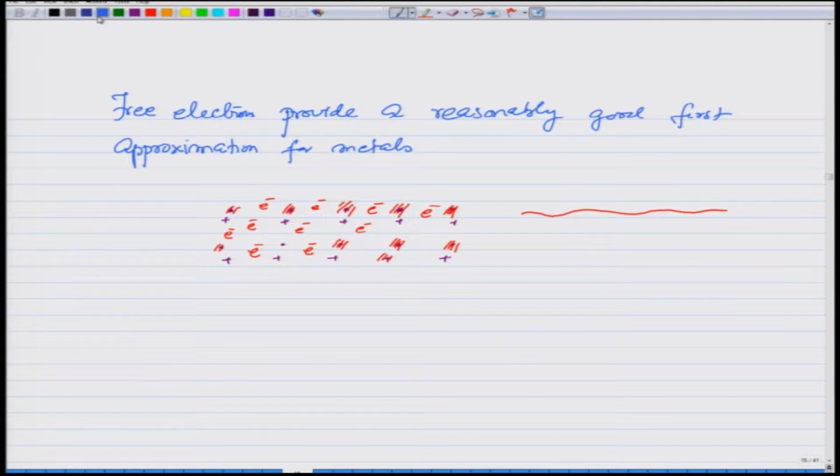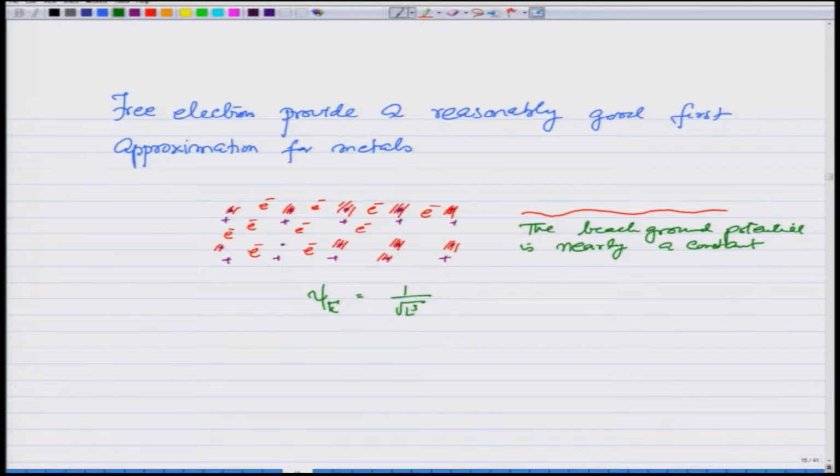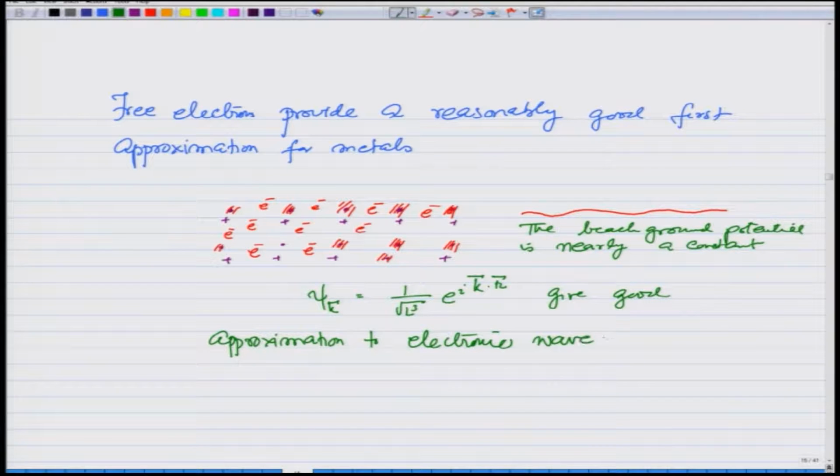So, what we can say is that the background potential is nearly a constant for metals, and therefore, psi k equals 1 over square root of L cubed e raised to i k dot r gives a good approximation to the electronic wave function for each electron.